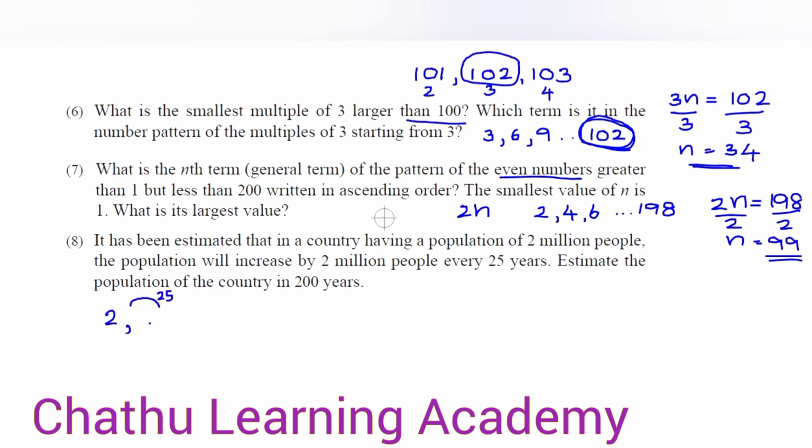After 25 years, this value should be doubled. It means 4 million. Again, after 25 years, this value should be doubled. Likewise, this population will increase. Estimate the population of the country in 200 years.